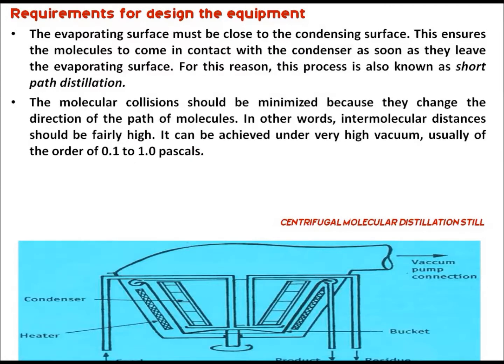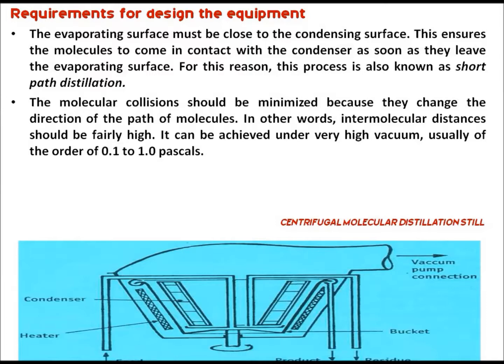So the molecular collision should be minimized here because collisions change the direction of the path of the molecules. How can we minimize the molecular collision? Just increase the mean free path, right? In other words, the intermolecular distance should be fairly high, and it can be achieved by using high vacuum, as we have already stated regarding the manipulation of the mean free path.